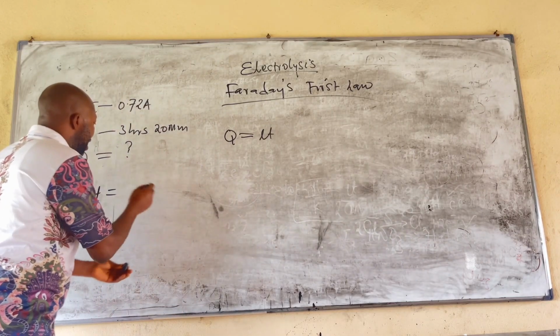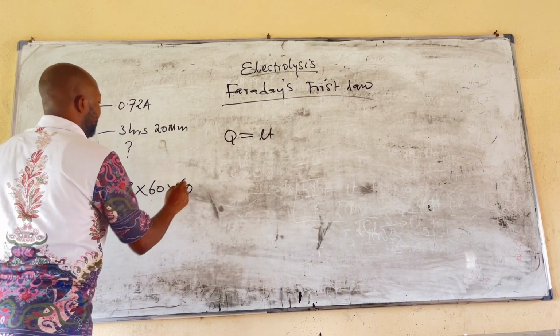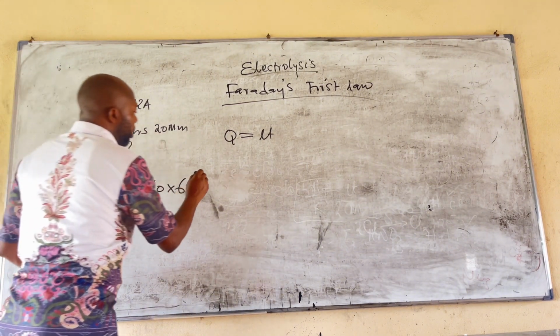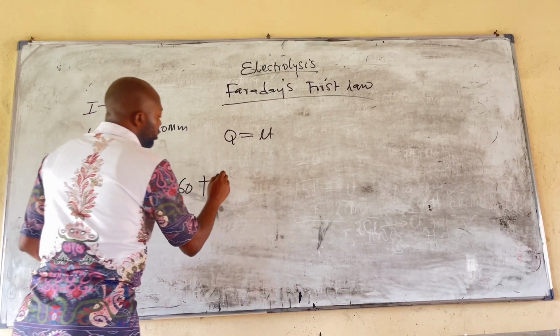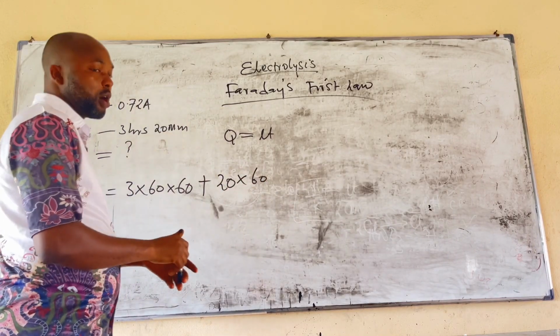So by that I have 3 times 60 times 60, plus 20 minutes. So I have 20 times 60 because 60 seconds make 1 minute.